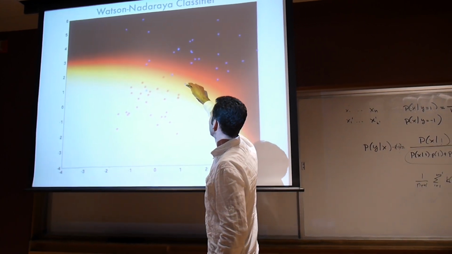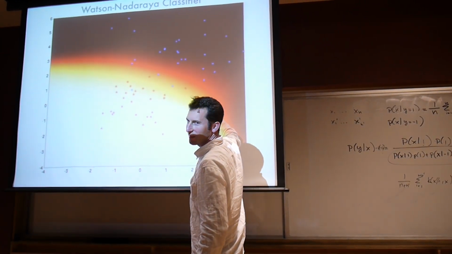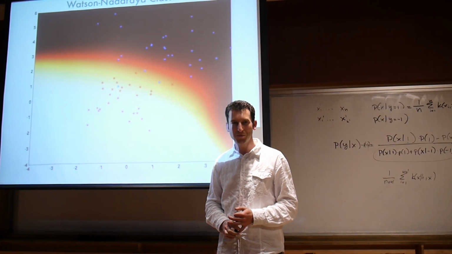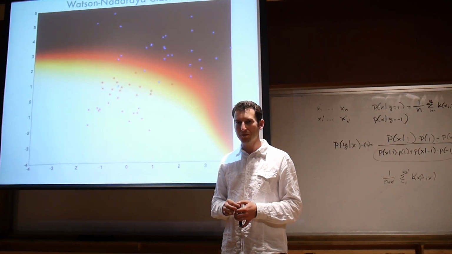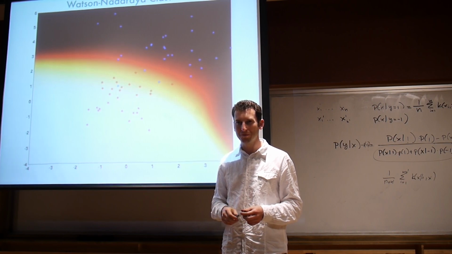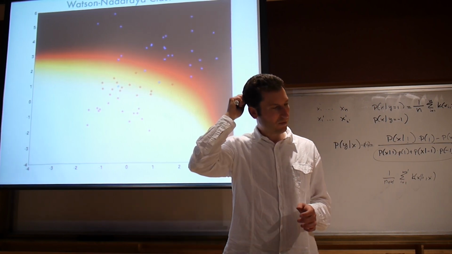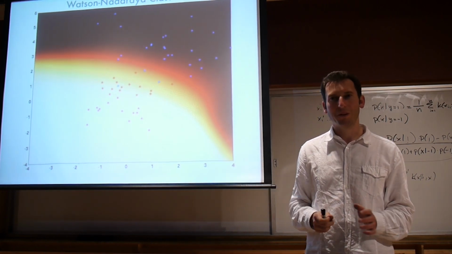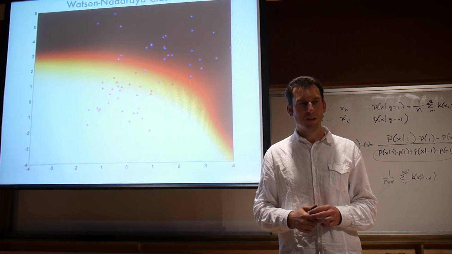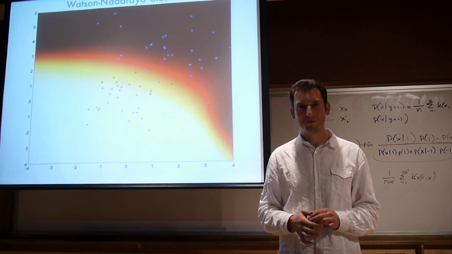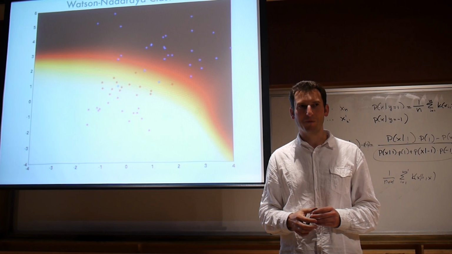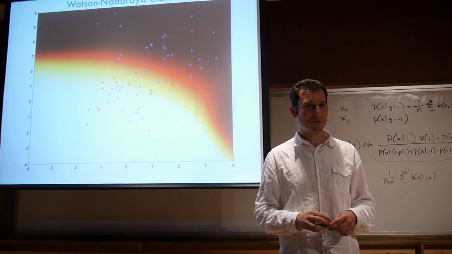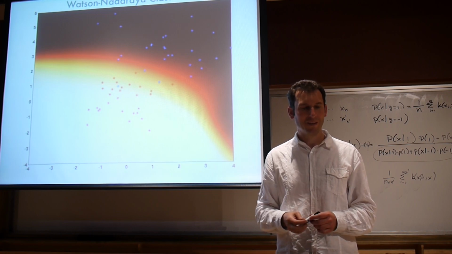So with maybe 3-4 lines of code, and one function evaluation for that kernel function, you can get a nice non-parametric classifier. It might be very slow, so you might not want to build your big startup around it, but it's a very quick and dirty way of checking whether this is not too stupid.